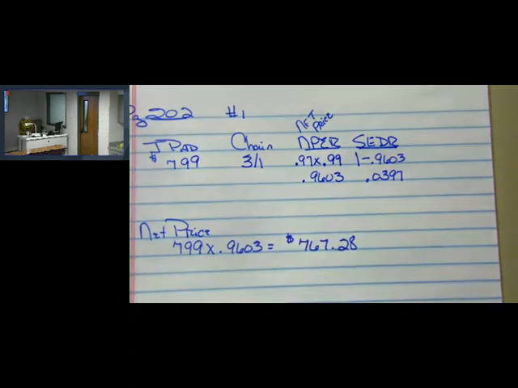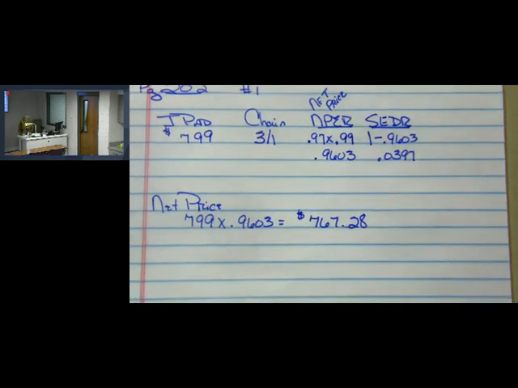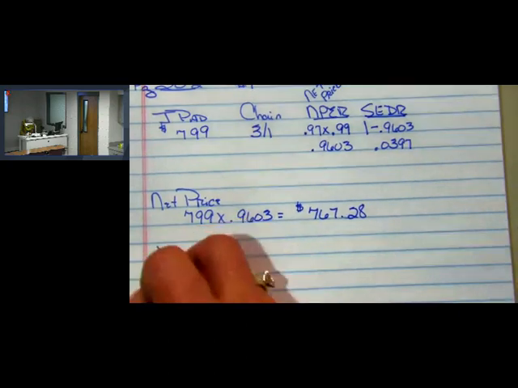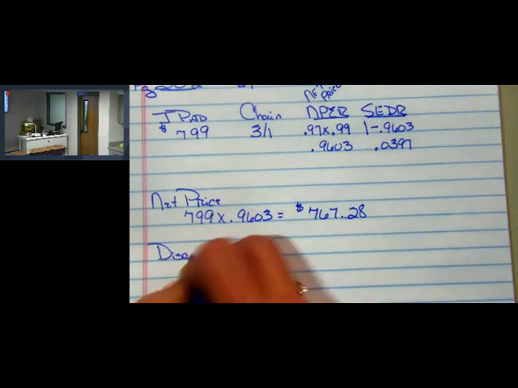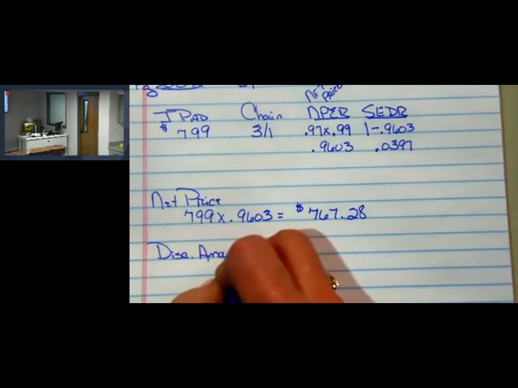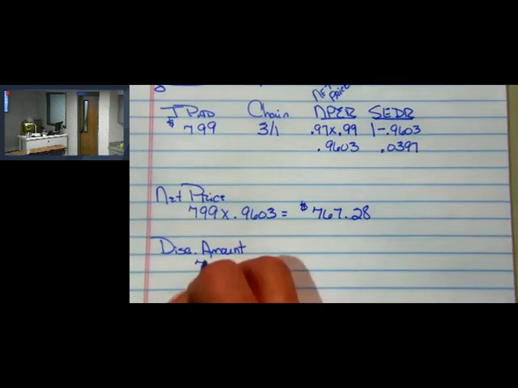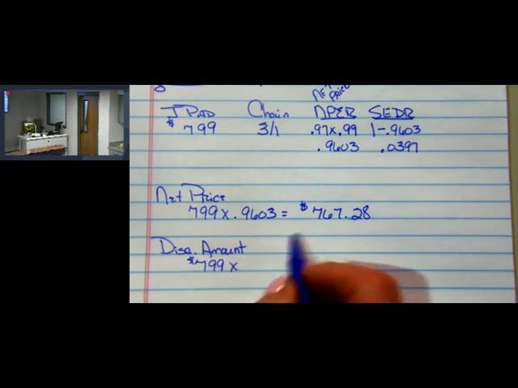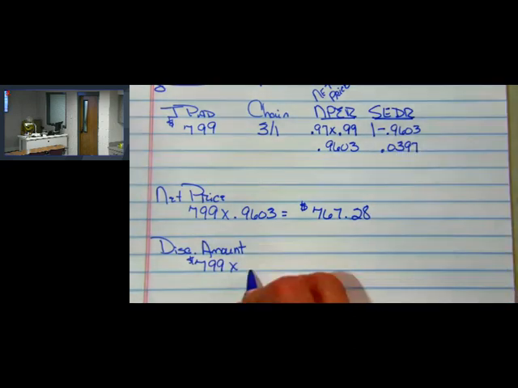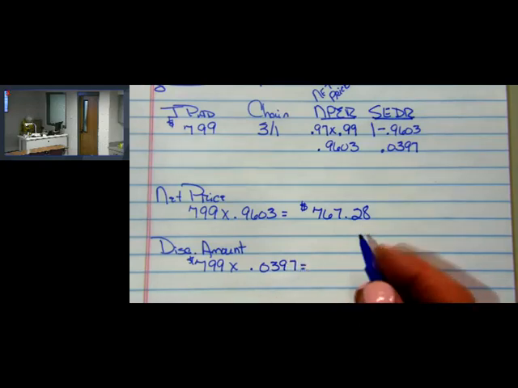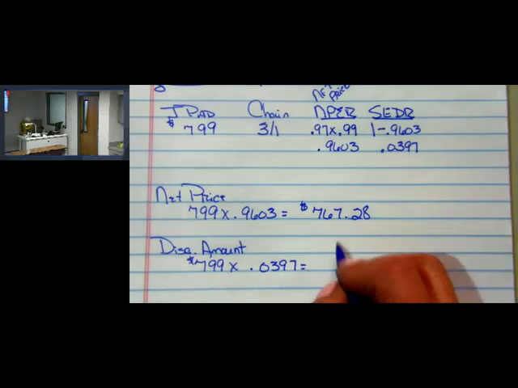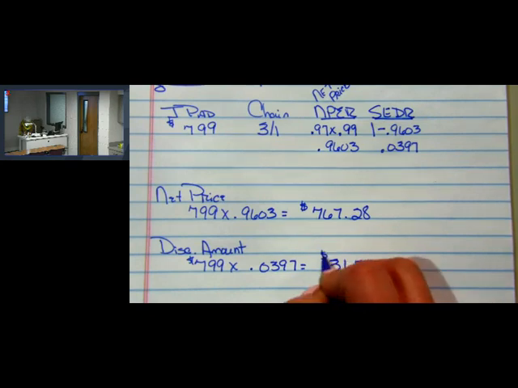Not quite. So again, if I want to figure the discount amount on this one here, all I'm going to do is take my list of $7.99, times my single equivalent discount rate of 0.0397, and I have a trade discount amount of $31.72.